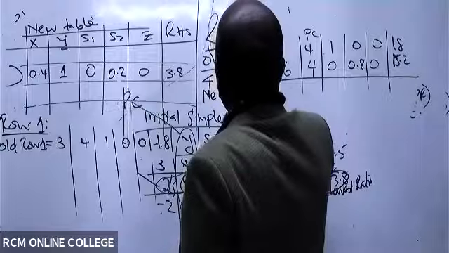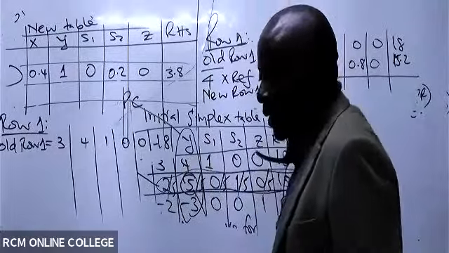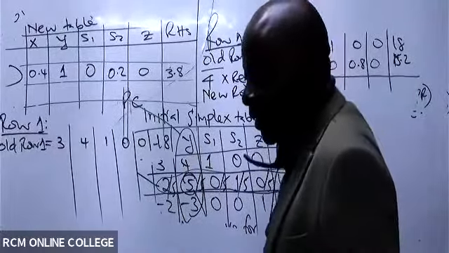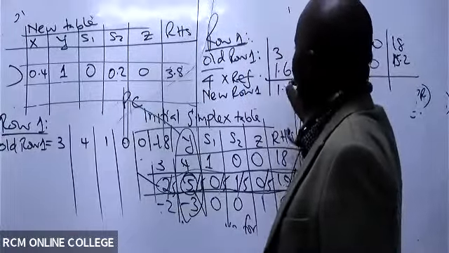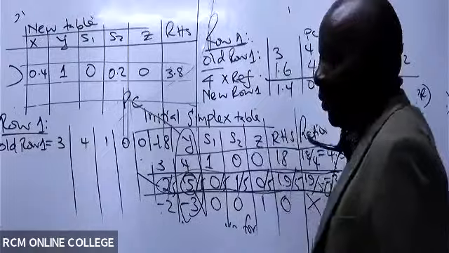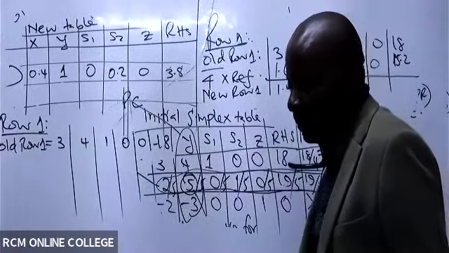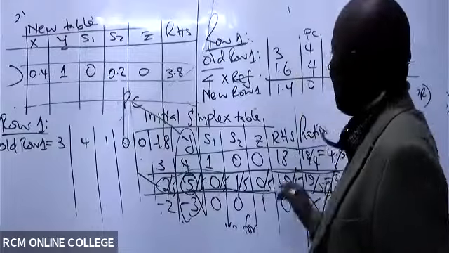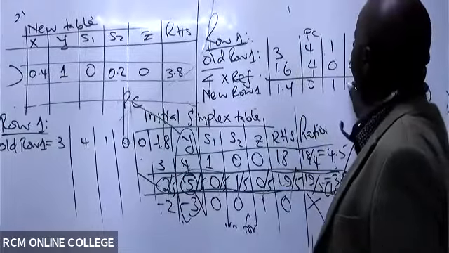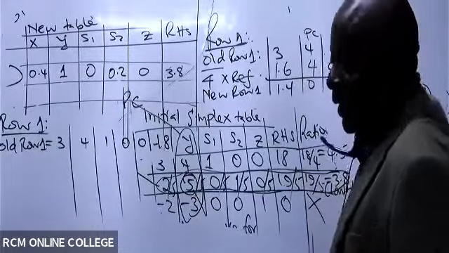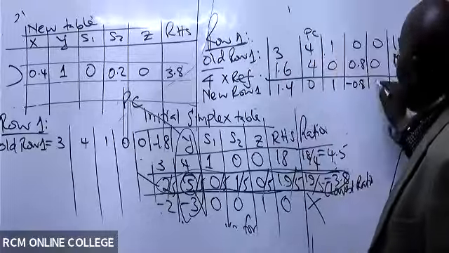New row 1. So what is 3 minus 1.6? Great. This is 1.4. 0. 1 minus 0.8. 0.